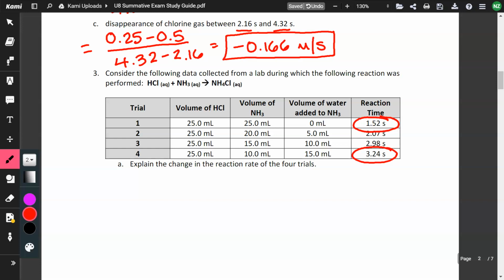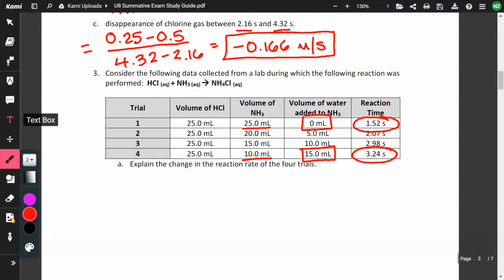So we have NH3, and we're adding water to NH3. So if you look here, 25, we're not diluting at all. We're not adding any water to change the concentration of NH3. Trial 4, we are diluting it. So we're only using 10 milliliters of NH3, and we're adding 15 milliliters of water. So there's more water than NH3, so it's really dilute.